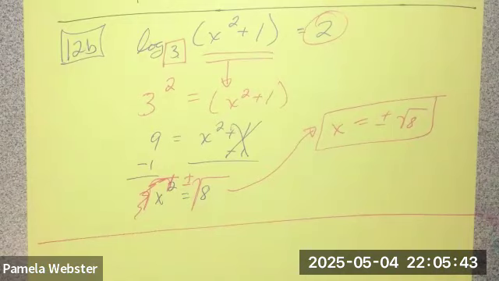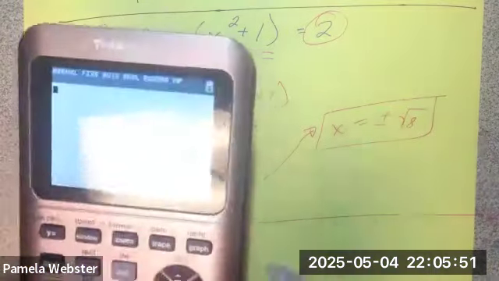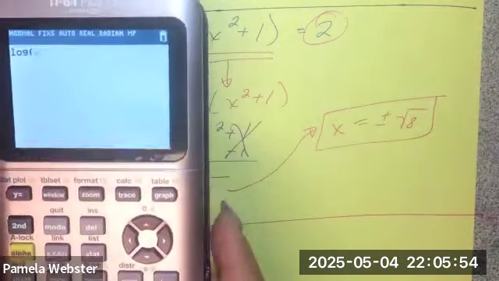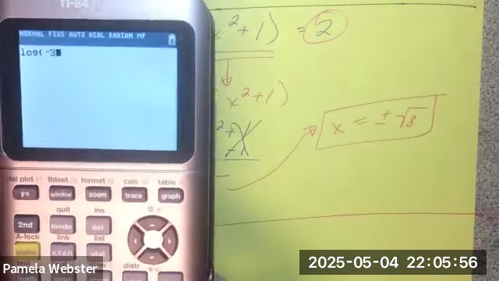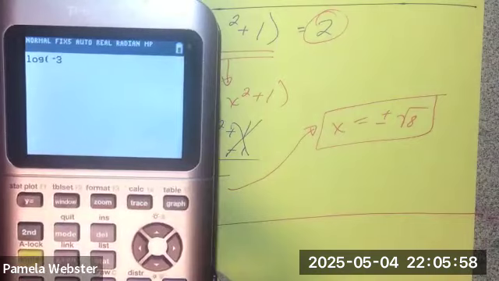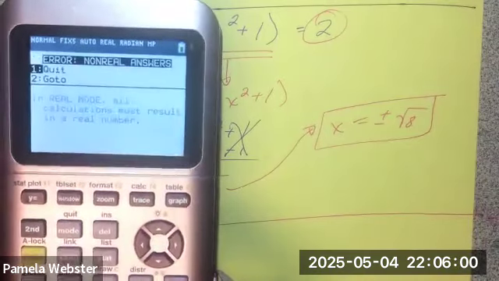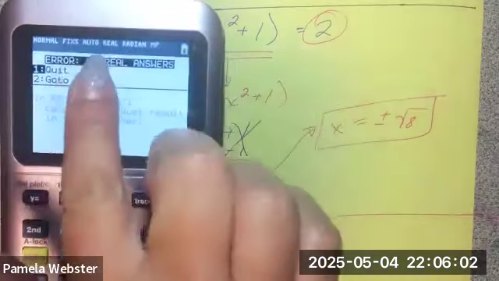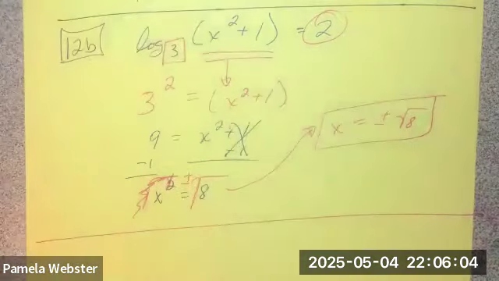But I do need to check because I'm dealing with logarithms here. And what do we know? If I try to take the logarithm of a negative number, I'm not going to do this problem, but let's just say we have log of, say, -3. Okay. What's going to happen? That guy's going to tell me error. And it says non-real answers.